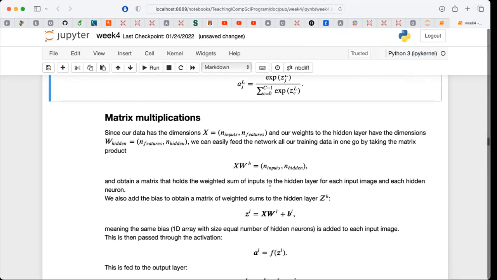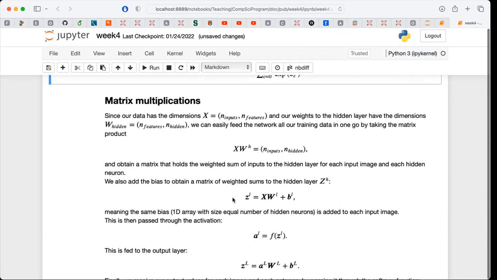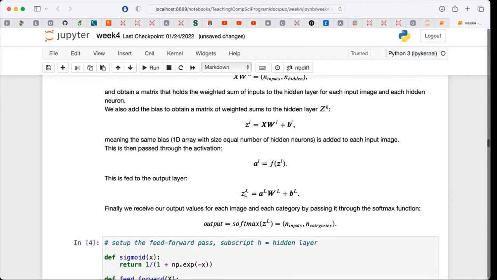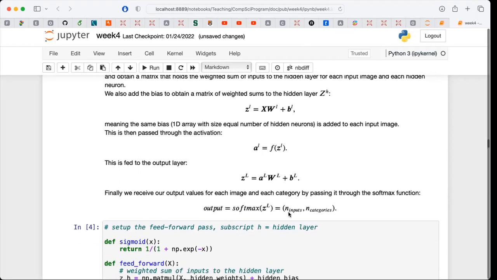So we have to perform these matrix and matrix vector multiplications. We will then find the input to the activation functions. And then when we have these, we have the inputs to the activation function in the output layer, which is then given by the softmax function, which then has a given number of inputs, which follows the number of nodes in the hidden layer, and then finally the number of categories.